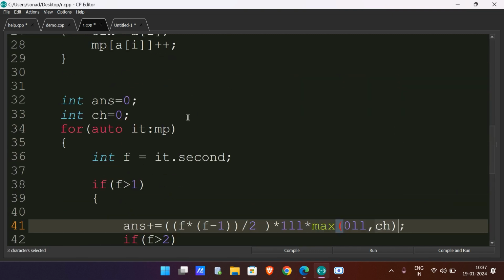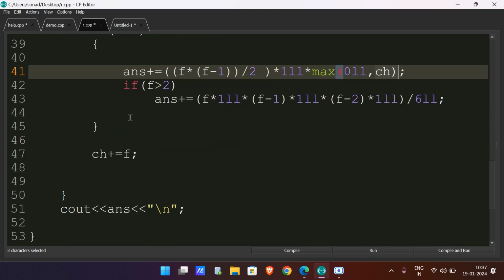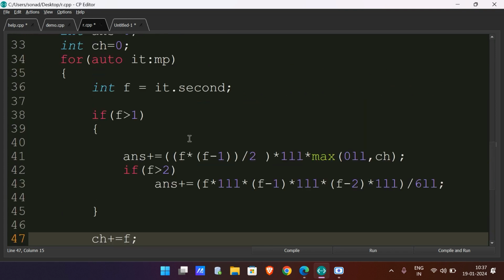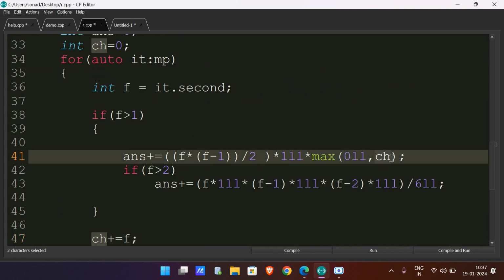Why ch? I've taken a ch variable, and at the end I'm just counting the ch, the number of sides I have lesser than the current number. So that is ch, the third side.